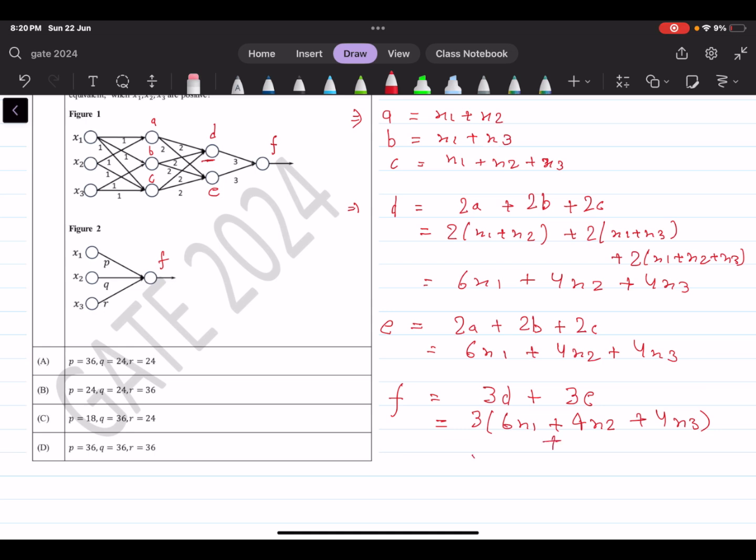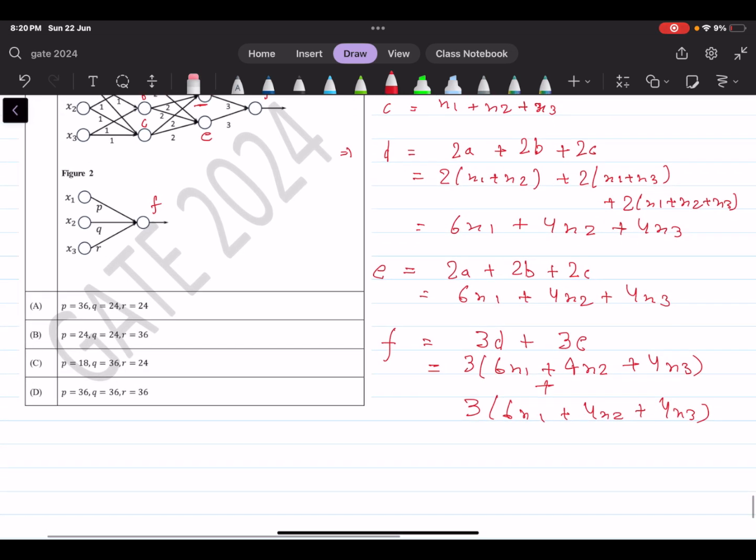If you solve it, it will be, no sorry, not 24, it will be 36x1. So 6 times 3 is 18, and because we are summing it twice, 36x1 plus 24x2 plus 24x3. So this is our final F.